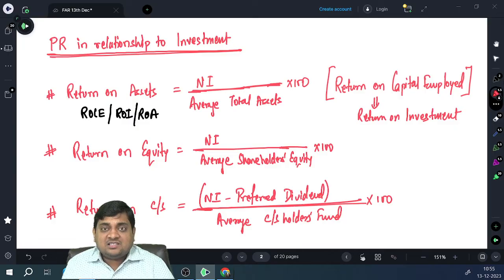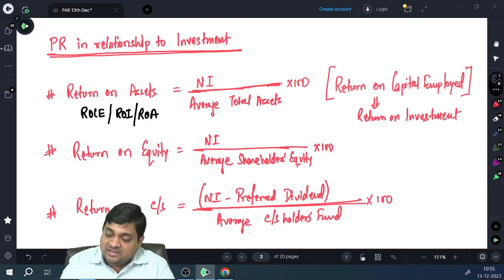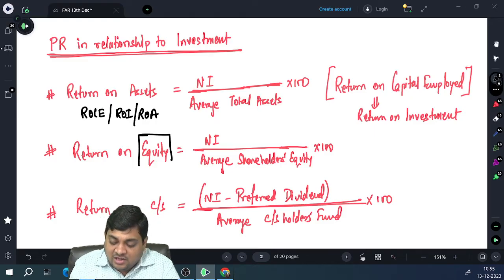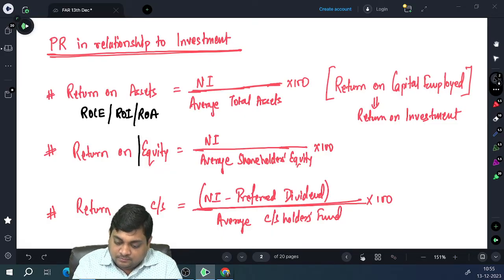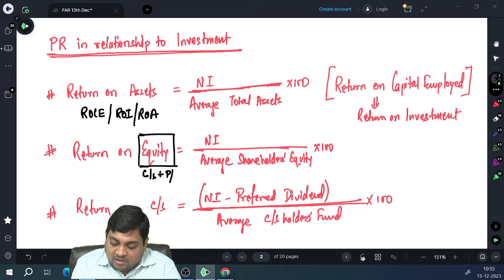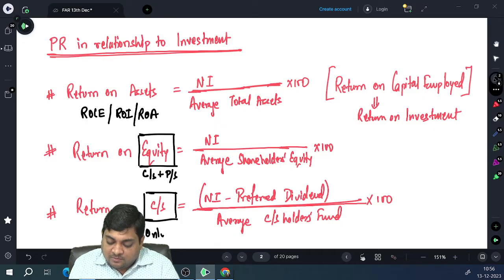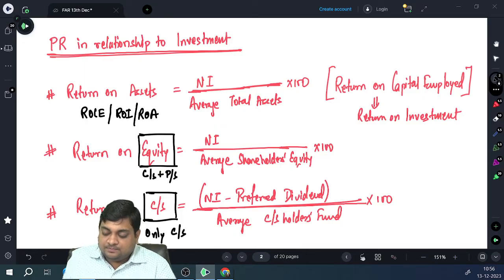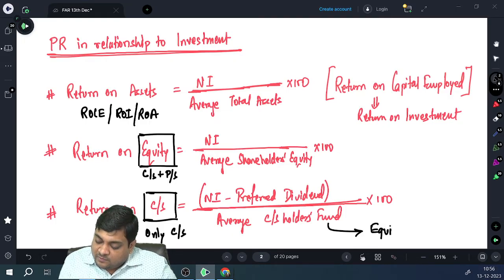So you need to understand whether they have asked for total shareholder or only for the common stock shareholder. The word equity means the entire shareholder fund. It covers common stock and preferred stock, and this one is only common stock. So from equity we need to subtract preferred stock.